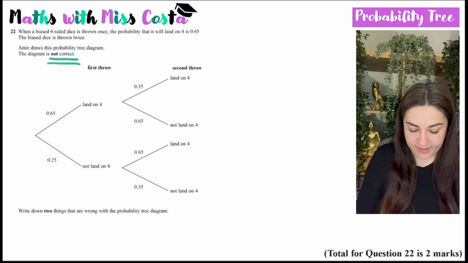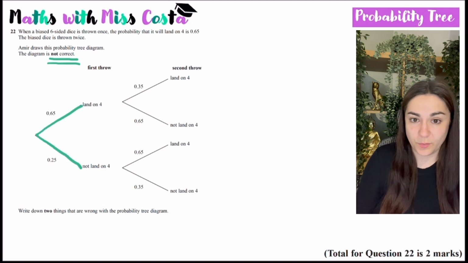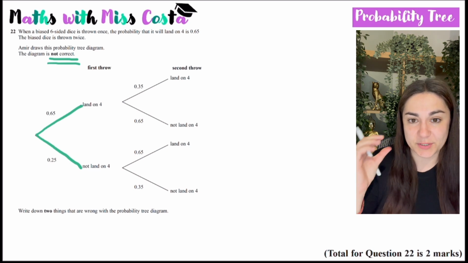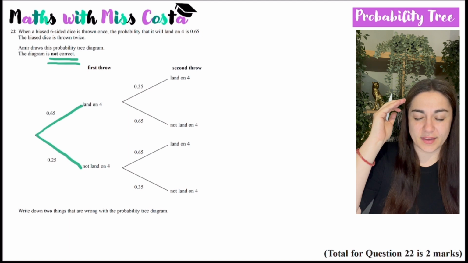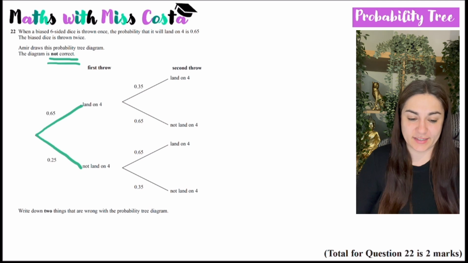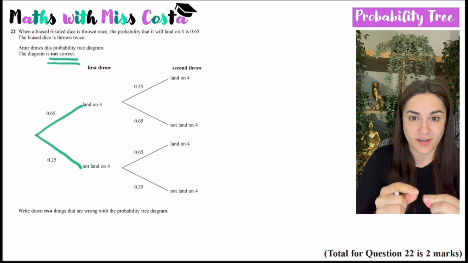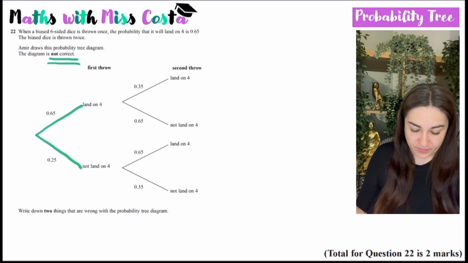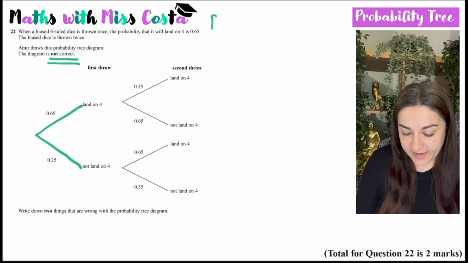So the first thing about a probability tree diagram, and probability in general, is when you've got mutually exclusive events, which means two things that cannot happen at the same time. For instance, the dice can't land on a 4 and also land on a 5. It can only land on one side at once. So the probability that it lands on a 4 or does not land on a 4 must add to 1.